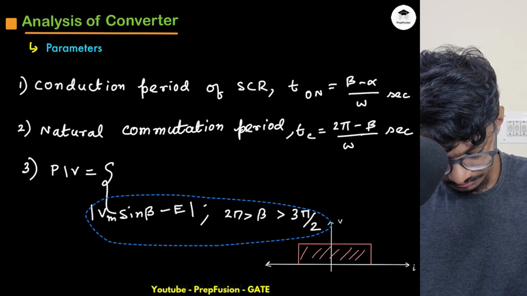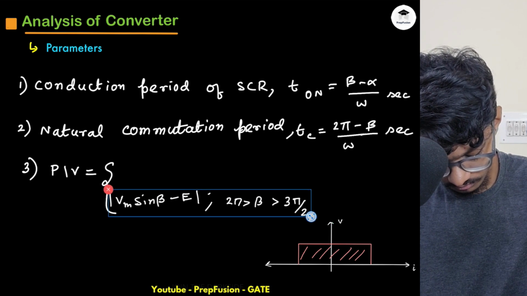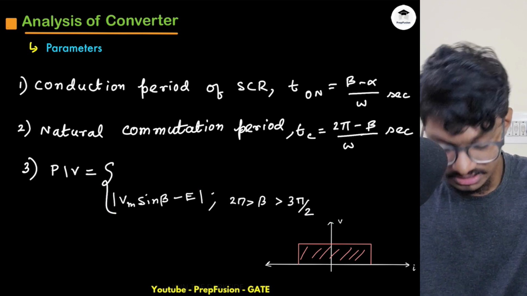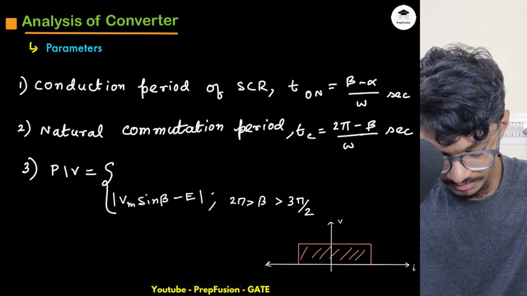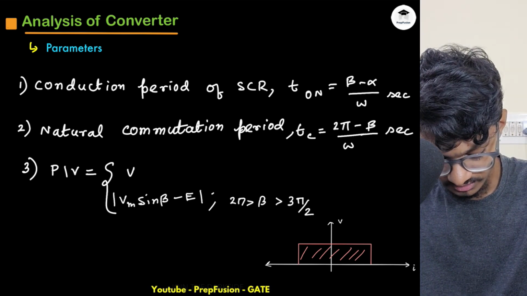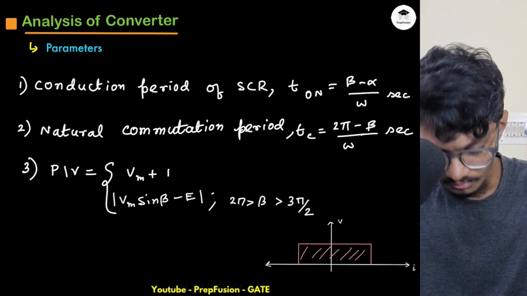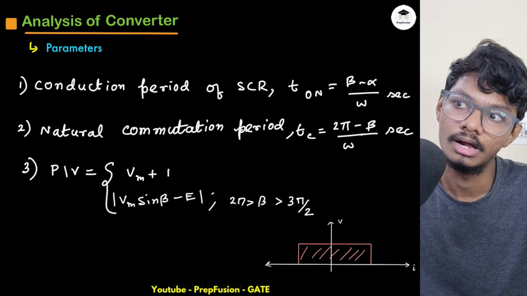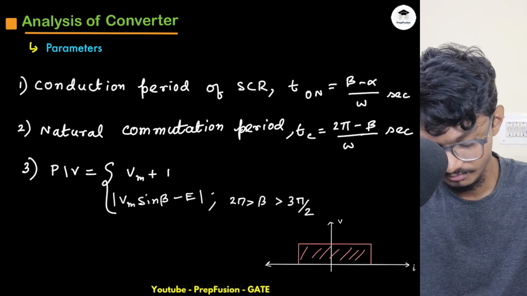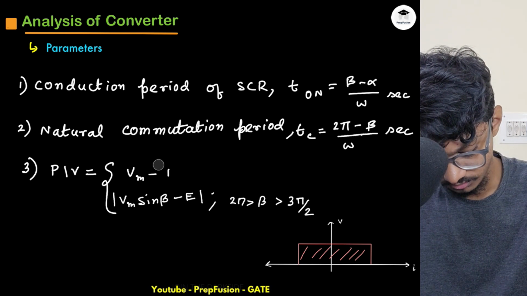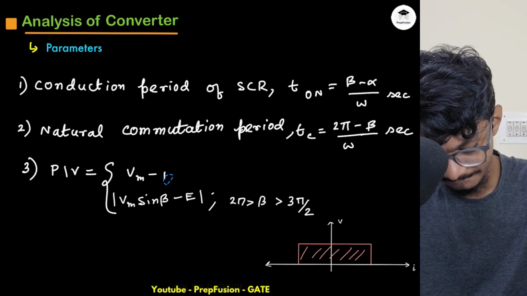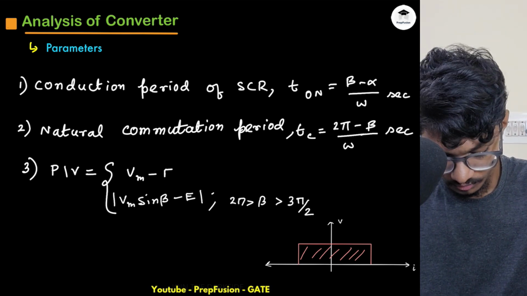And if my beta is lower than 3 pi by 2, then my peak inverse voltage will be Vm plus E. Am I correct? Minus Vm, and it is also minus E. Sorry, Vm minus E. Why am I writing this?